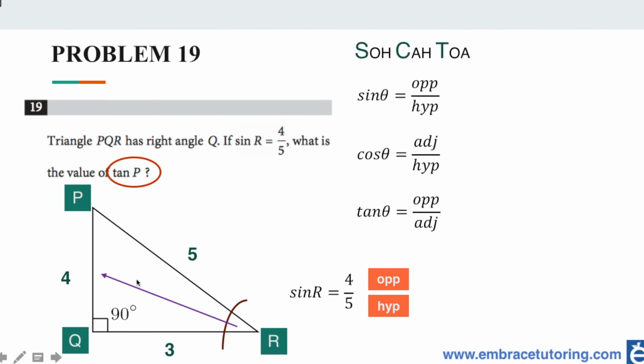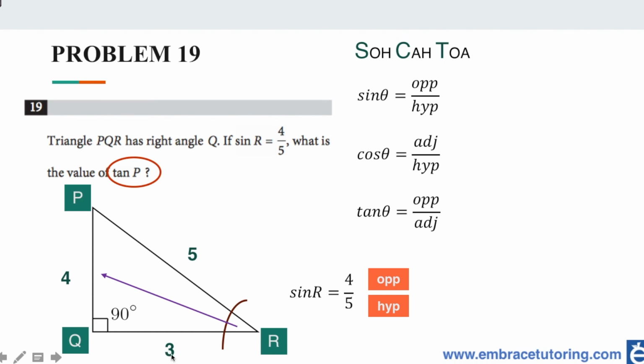Now the 5 is always across from your 90 degrees, which is referred to as your hypotenuse, right? So sine of R of 4 over 5 means that 4 must be across from R and 5 must be across from 90 degrees.